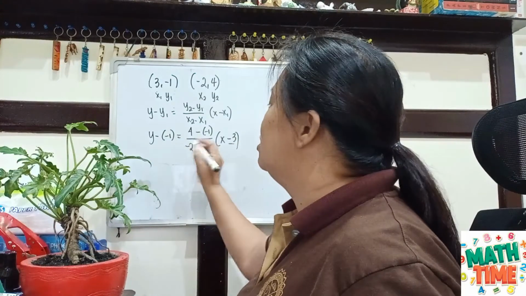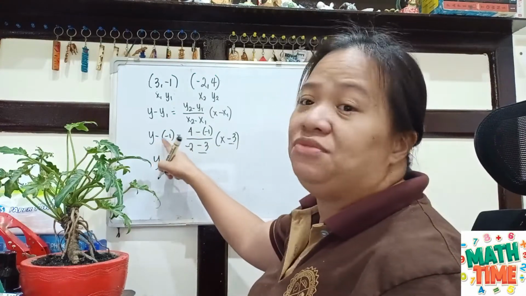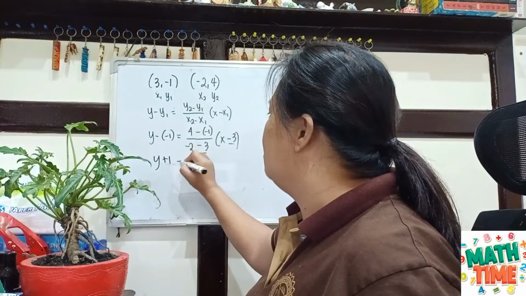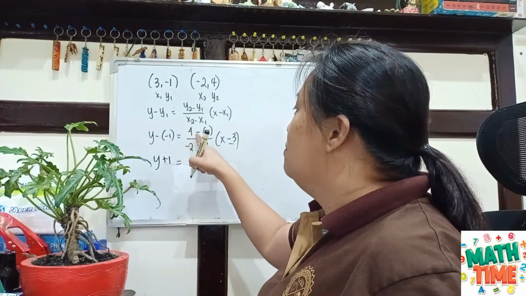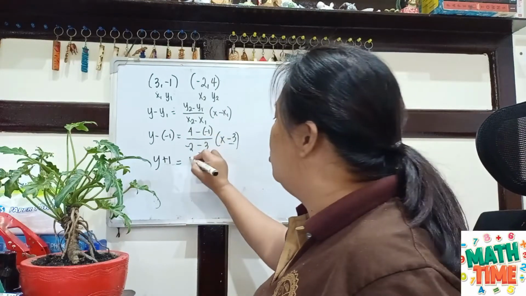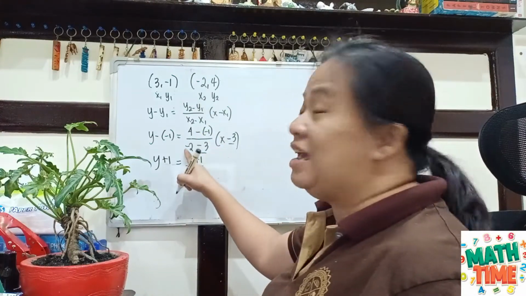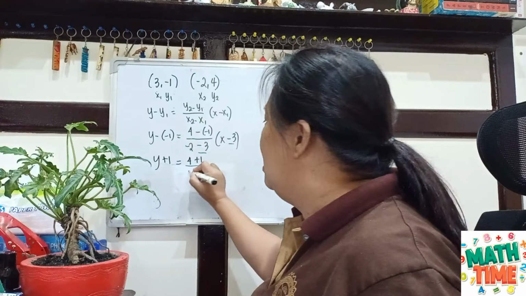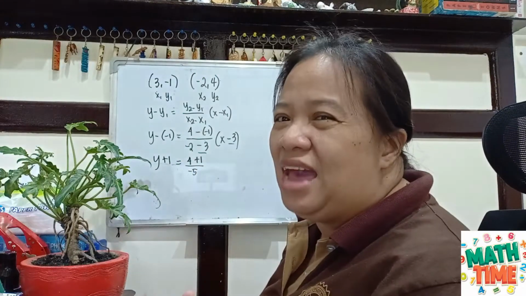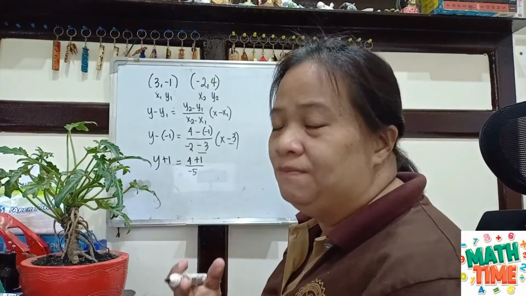Okay? Now, simplifying, negative times -1 is +1 equals 4 minus -1. That would be 4, negative times -1 is +1. -2 minus 3 is -5. It's just like adding -2 and -3.